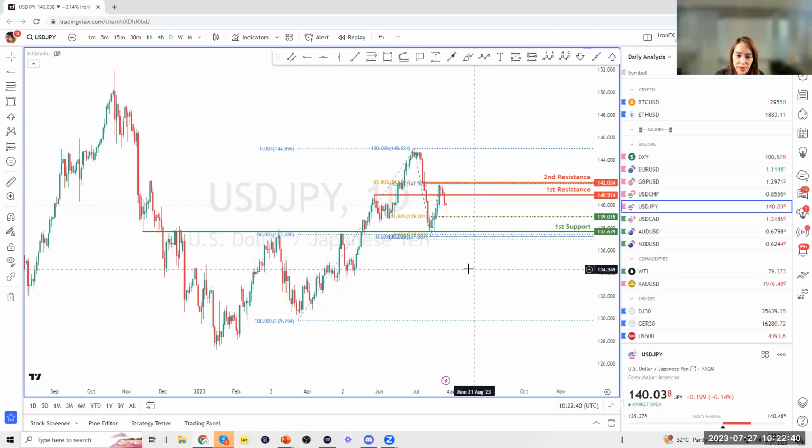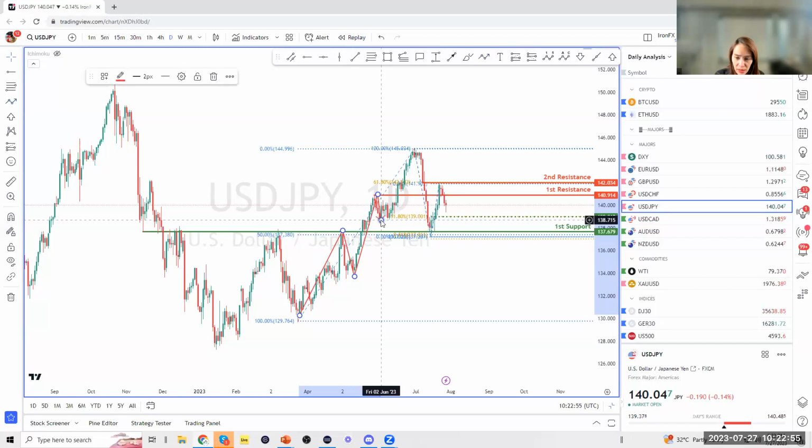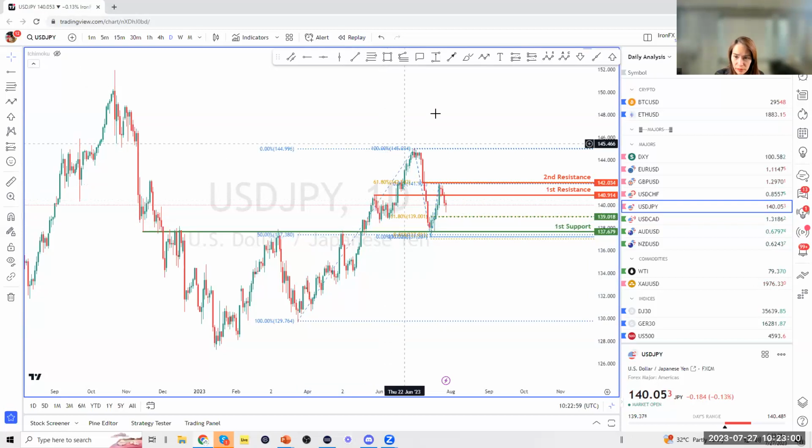What you can see here on the daily time frame is that price makes a higher high and higher low, higher high, higher low, and a higher high.